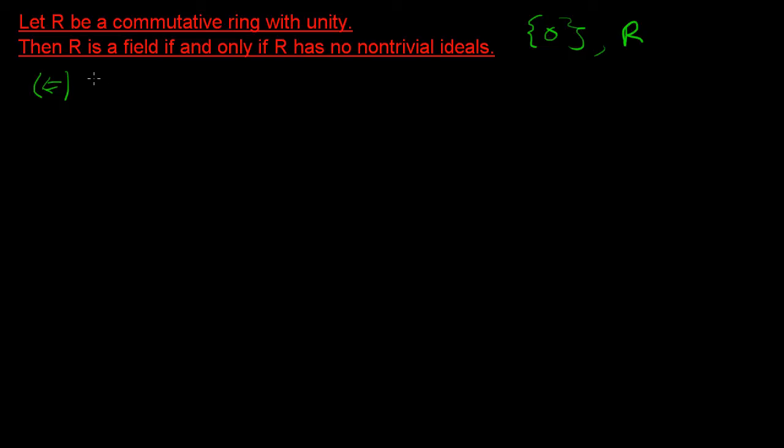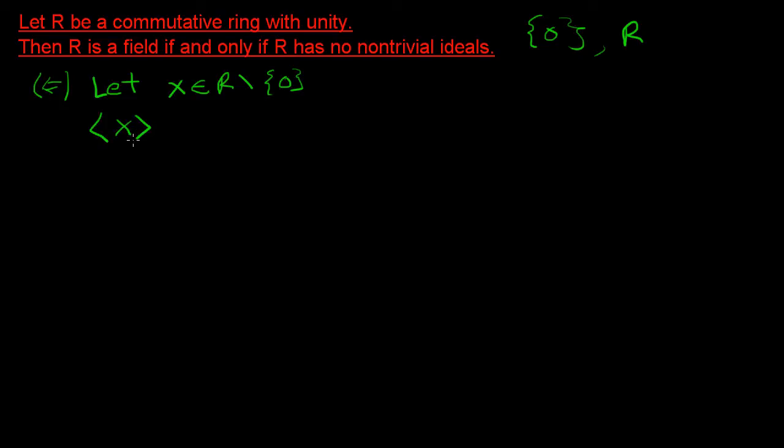So let x be a non-zero element. So x is in R take away the set {0}. So x is some non-zero element in our ring, and we just need to show that x has a multiplicative inverse. So let's take a look at the ideal generated by x.